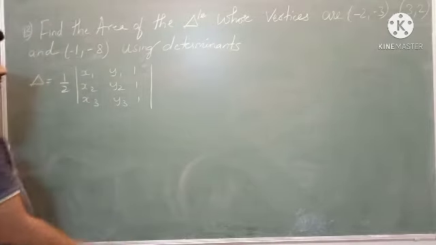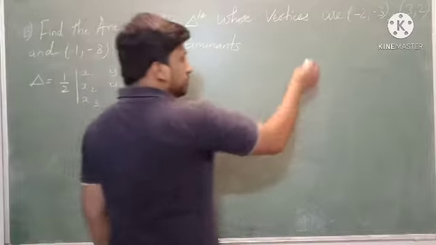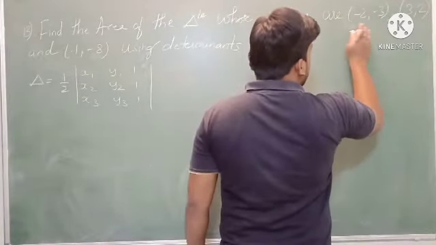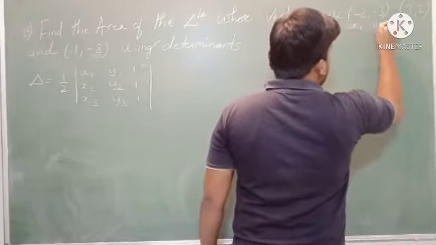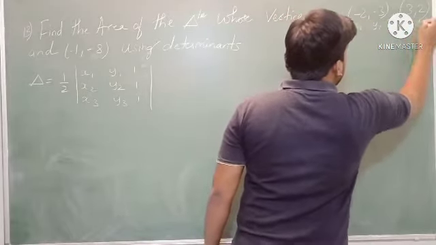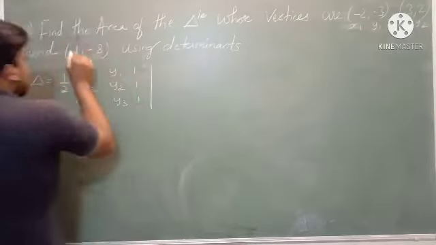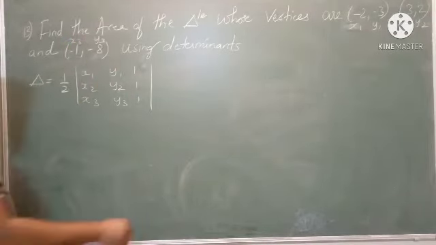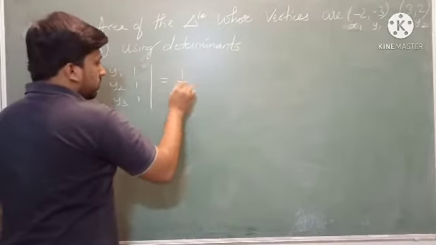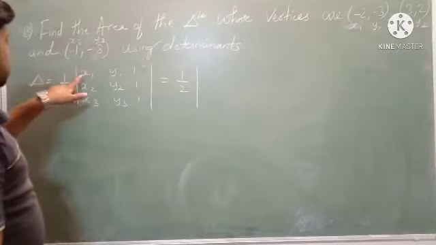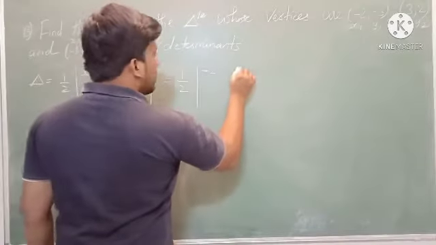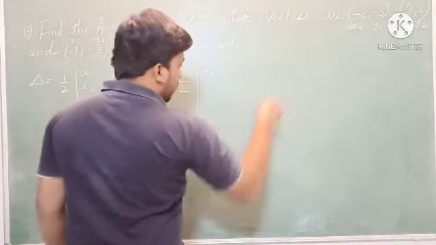Sorry, what is x1 y1? Here we have, this is x1, this is y1, this is x2, this is y2, and this is x3 and this is y3. So we'll take 1 by 2 into, so x1 is minus 2, y1 is minus 3 and 1.